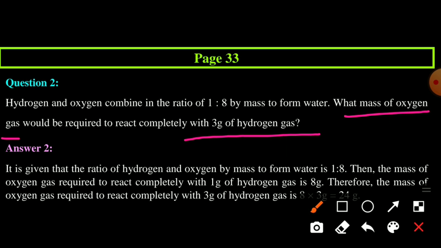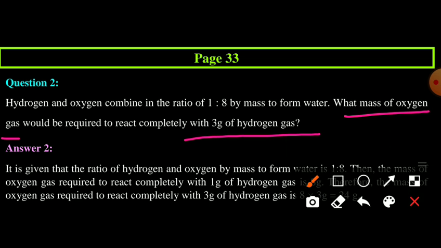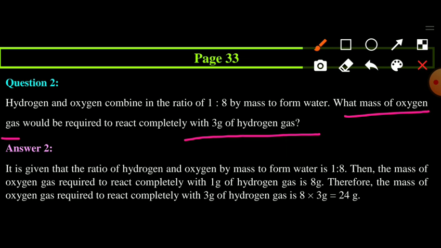Here it is given that the ratio of hydrogen and oxygen by mass to form water is 1:8.